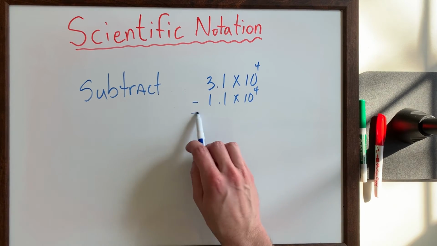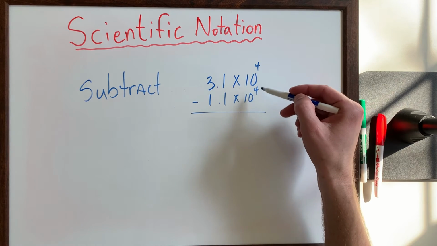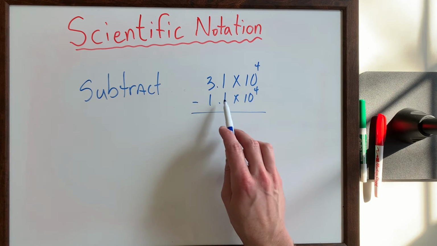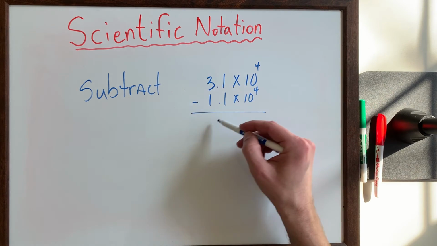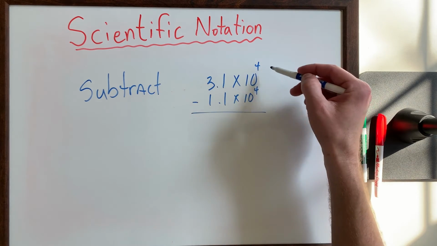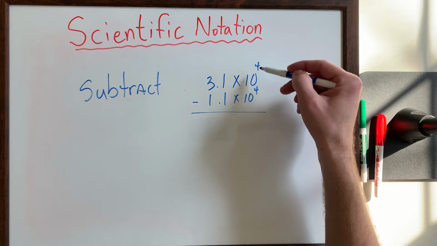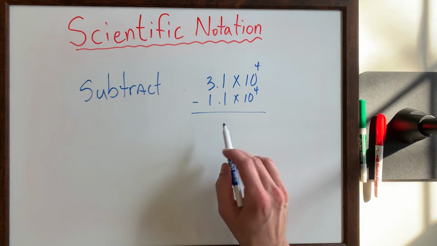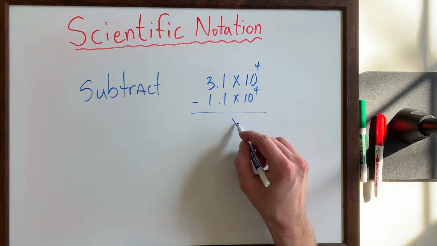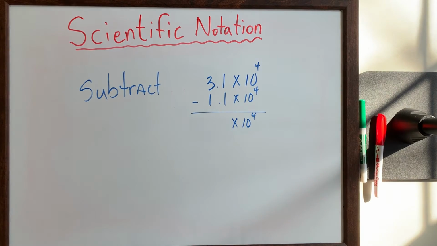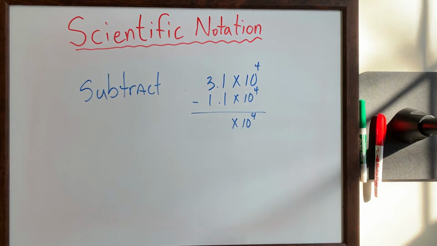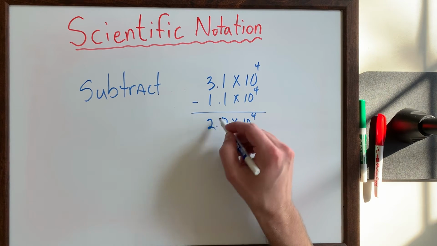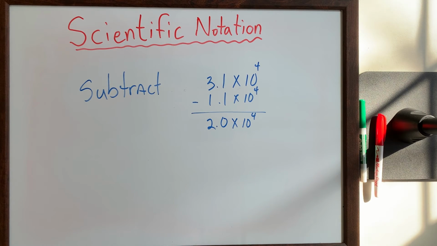And just like when we were adding, if these exponents are not the same, then we need to rewrite the coefficient so that the exponents match, and then we can add or subtract the coefficients and keep the answer the same in terms of exponents. So here, because these are the same, I already know that the answer is going to be times 10 to the fourth. But now I can look at the coefficients and say 3.1 minus 1.1 is just 2, okay?